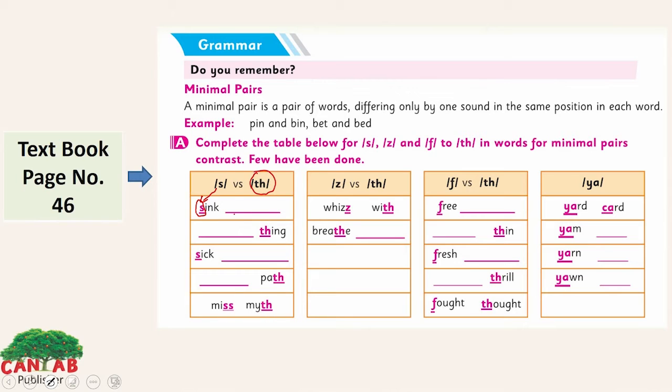Like how? Yes, think. Now, you can see sink, think. The rest is the same sound, but we have the difference of s or th sound here. This is called the minimal pair.